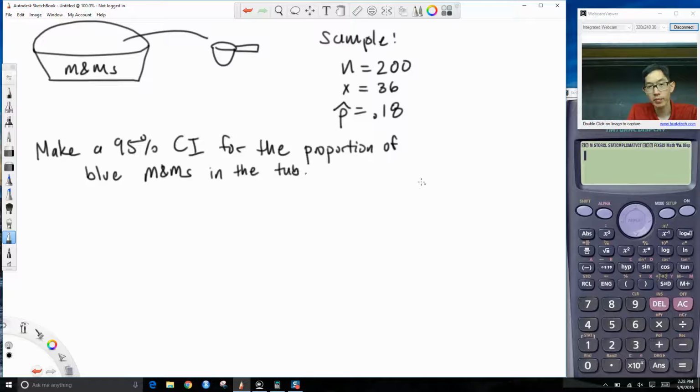And your options are 0.170 to 0.190, 0.162 to 0.9.